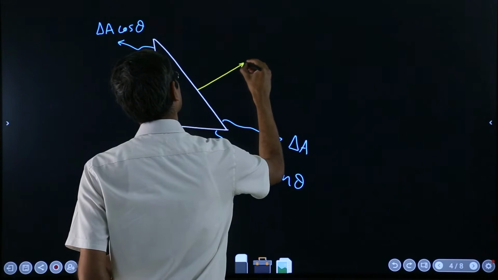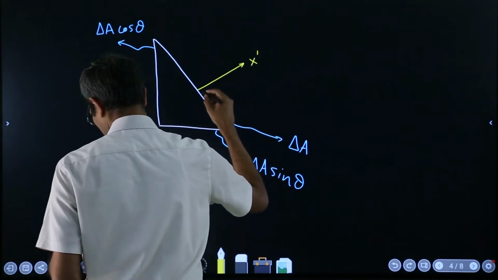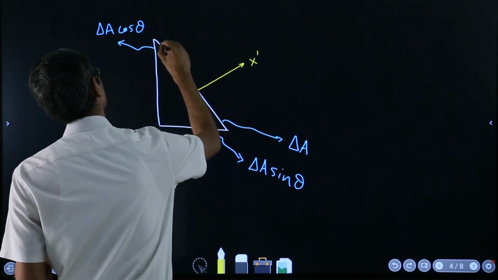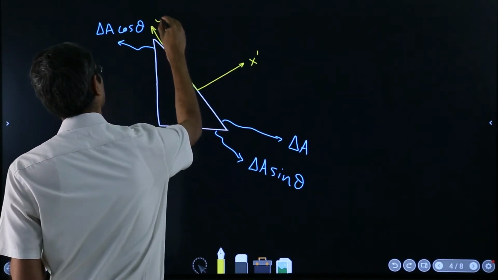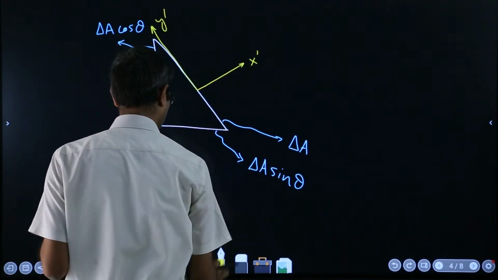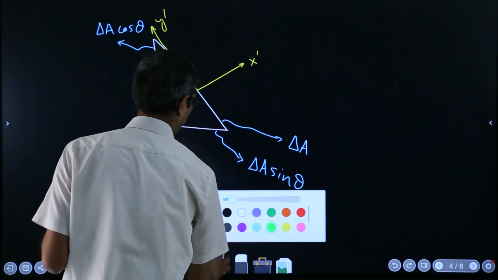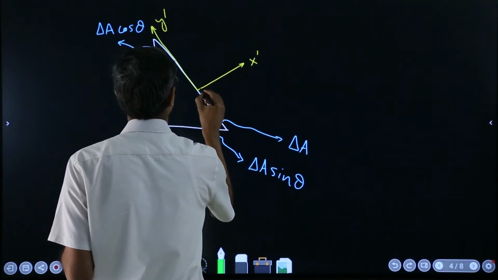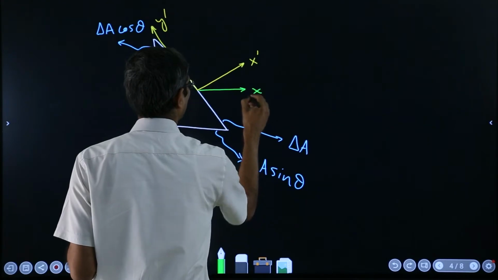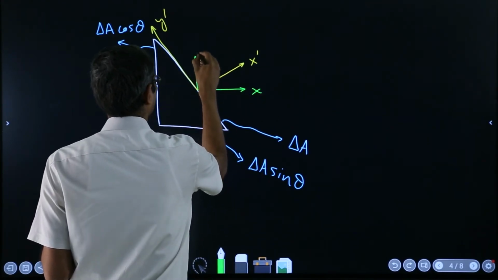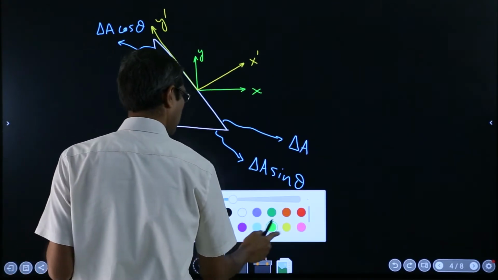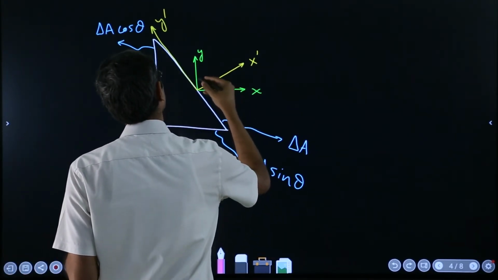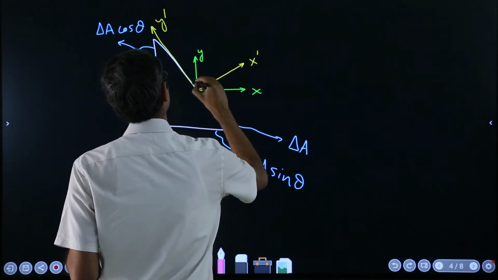So, this is my x primed, this is my y primed, and I think the color has been shifted, does not matter. This is x and this is y, and we are trying to evaluate this.